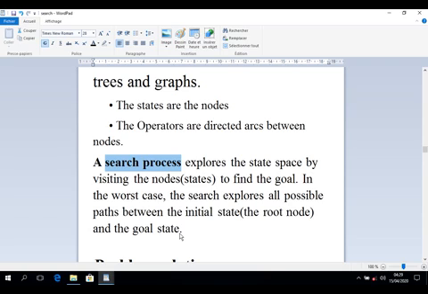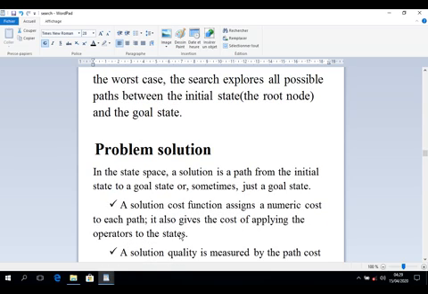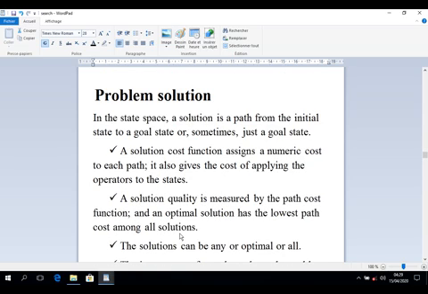Now, what is the structure of that state space? As we said, the state space is a graph or a tree. Okay, it is a graph. Now, the search process explores the state space by visiting the nodes to find the goal state.